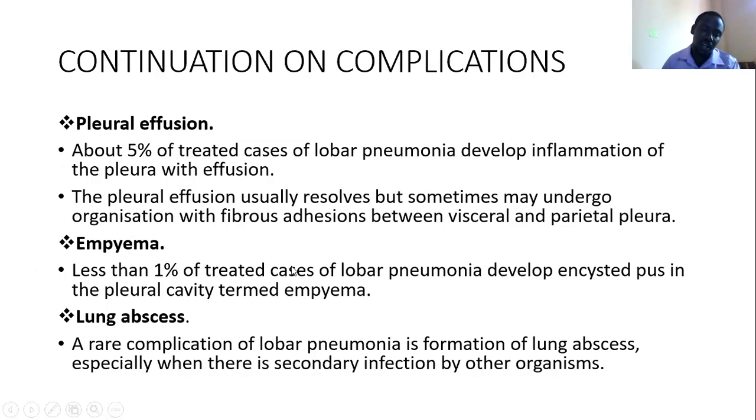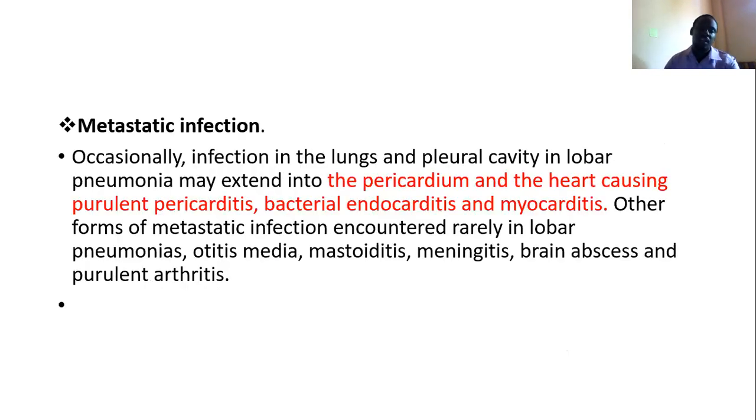We can as well have lung abscess. It is a rare complication of pneumonia, and usually there is a secondary infection by other organisms. We can have metastatic infection, so you start with pneumonia, and then with time the infection spreads to the pleural cavity, and then it extends to the pericardium.